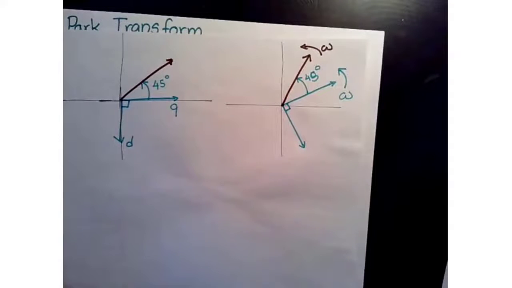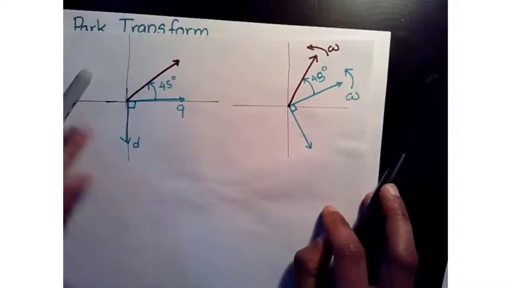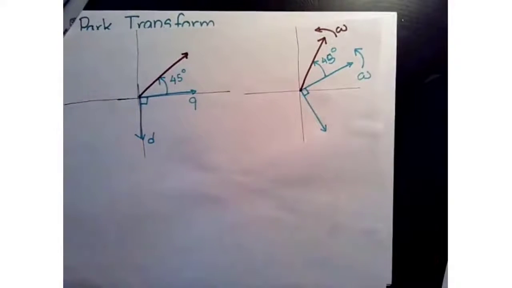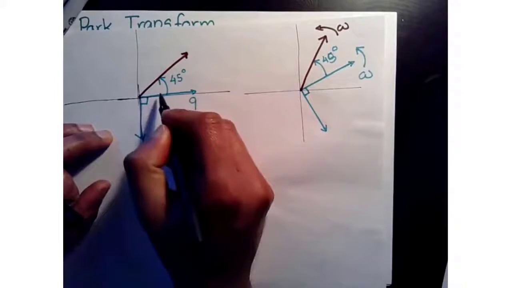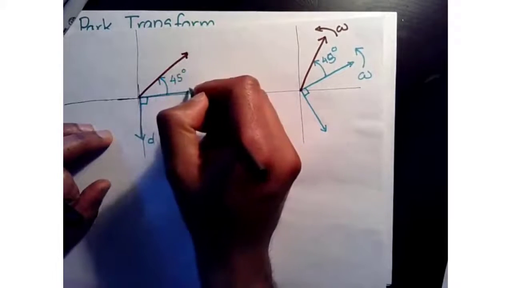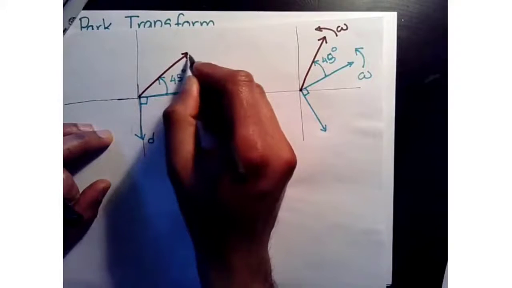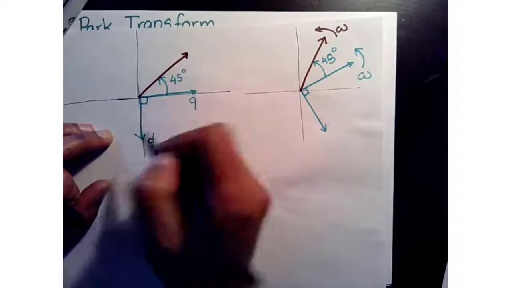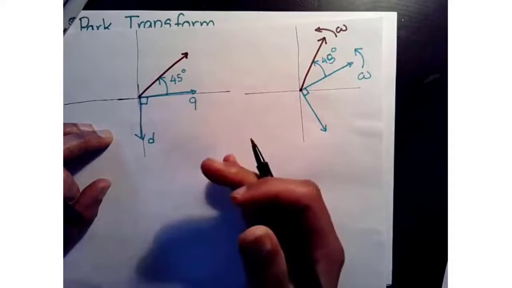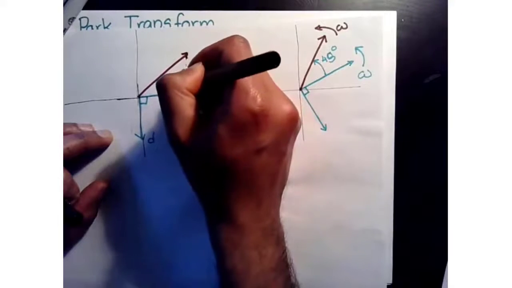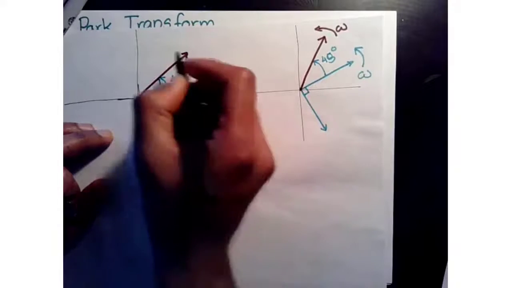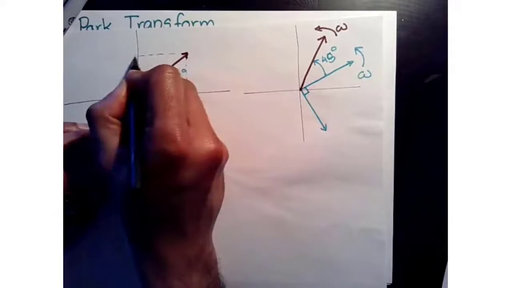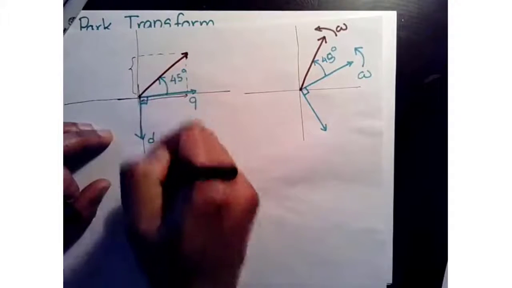Now let's see if we get the value of this. Right now, let's say you are on this rotating frame, this green frame, and you are looking at the projections of the vector on these Q and D orthogonal axes. You are seeing, okay, I have this much here because it's 45, and I have this much negative because this is the positive direction.